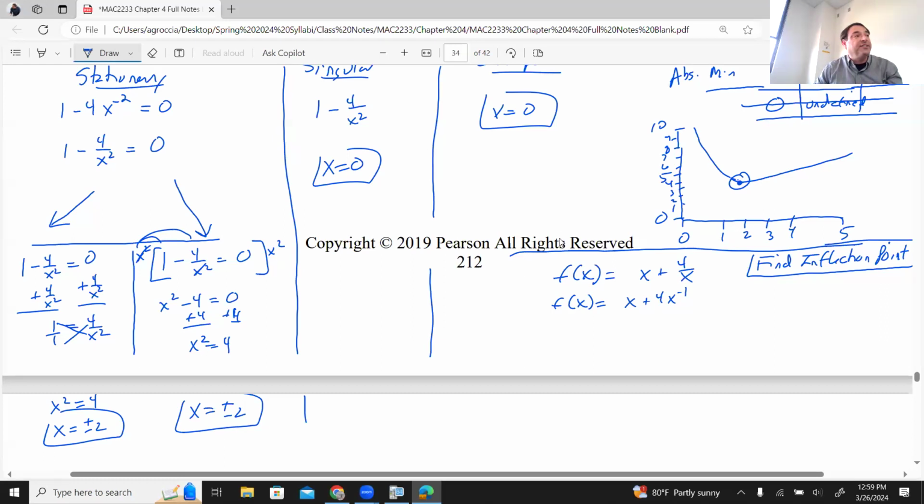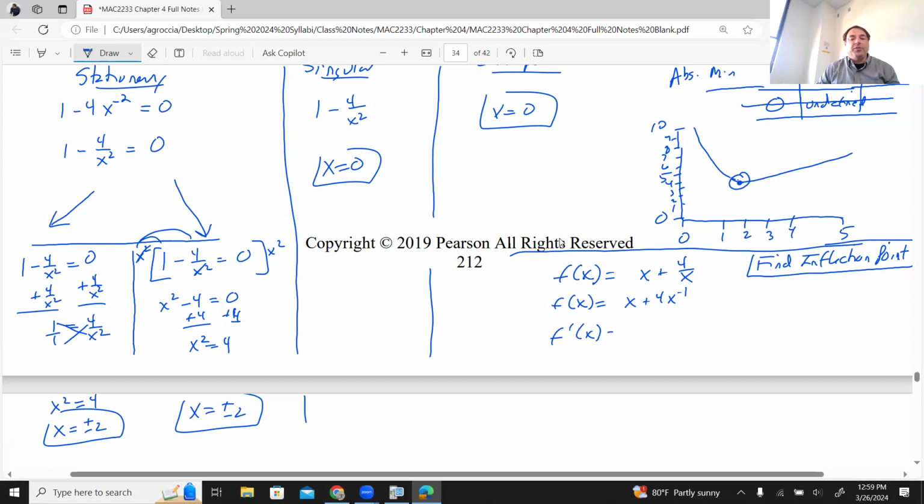The entire thing is concave up. It never changes from concave up to concave down. So are there any inflection points? There are none. There's only one extrema. There's no singular point. The endpoint we had was 0. And what happened here is we had an asymptote. That's why we got undefined. So I already know there's no answer. Well, let's still do the work, but we already know there's no answer.